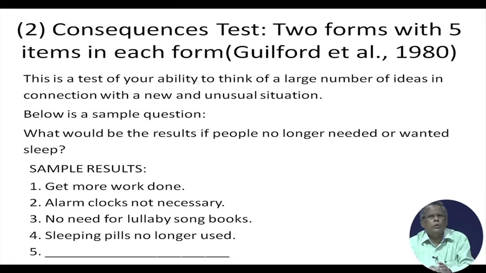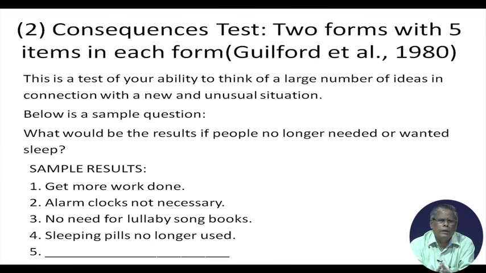And there was another test, the consequences test. There are 2 forms of it, 5 items in each form, and they test your ability to think of a large number of ideas in connection with new or unusual situations. A sample question: what will be the results if people no longer needed or wanted sleep?